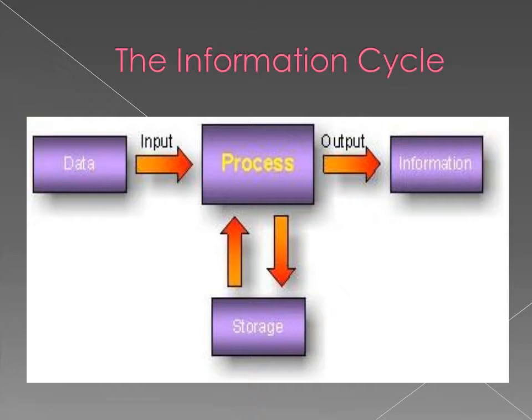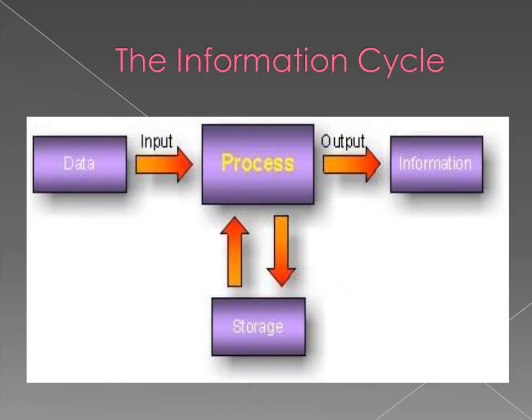This is like the cycle of life almost, aside from babies being born and death and things like that. So you're looking at gathering data. You would gather, like I said earlier, data on a survey. Then you would process that data. The output from that processing of that data would be the information, and then turn it around and storage also.